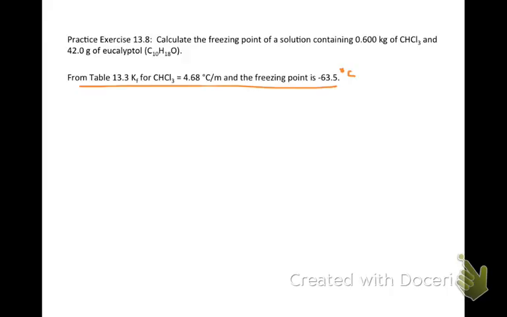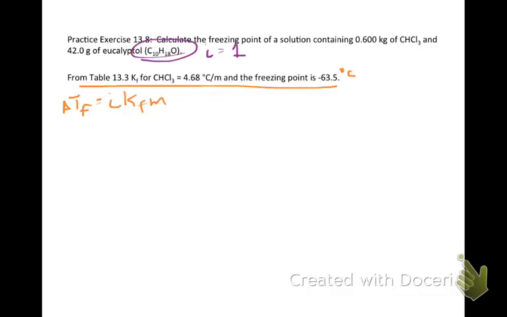All right, so what I want to do is calculate the delta TF. And from before, I know that it is this formula. So delta TF is equal to i Kf times the molality. This is a molecular non-electrolyte, so my i is going to be equal to 1.